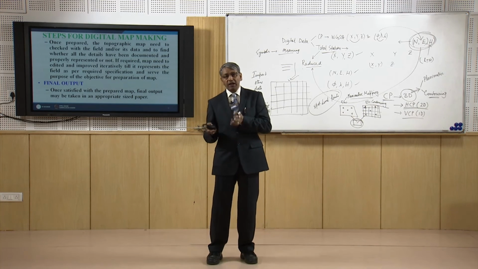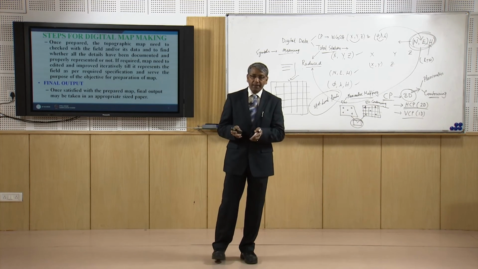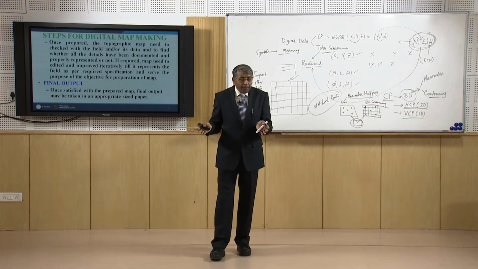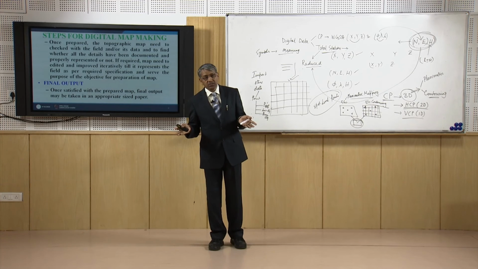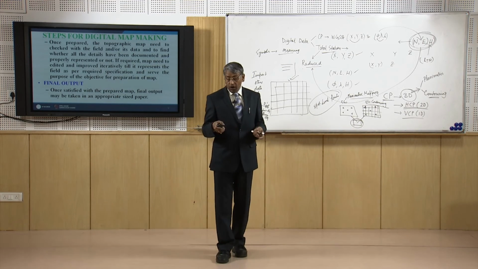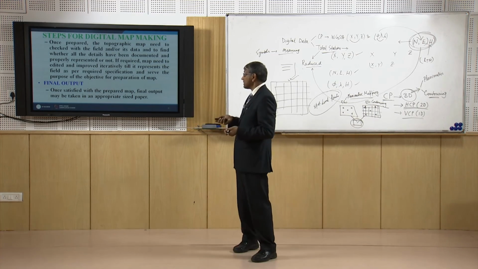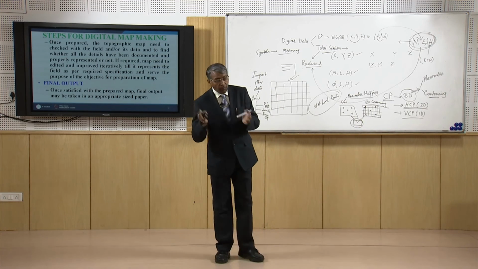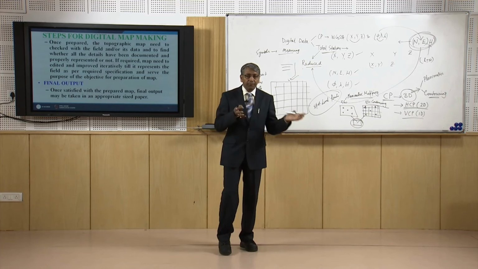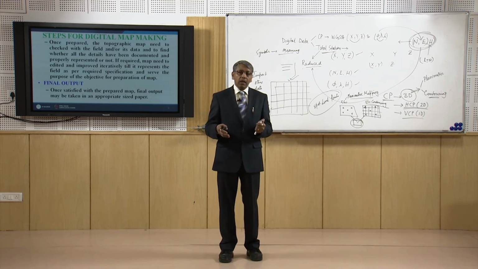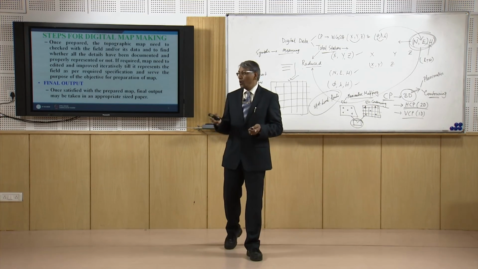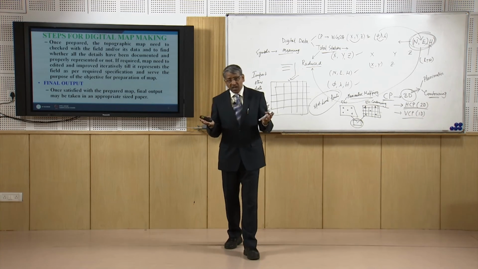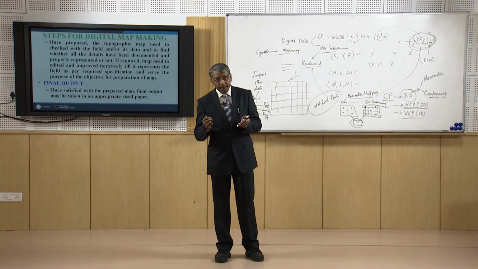having the final output of the map by making use of an automated plotter. The size of the map should be as per the convenience of the user. In that way we can get the map in hard copy. However, the digital format of the map will be available in the computer, so we may change the scale as per our need.